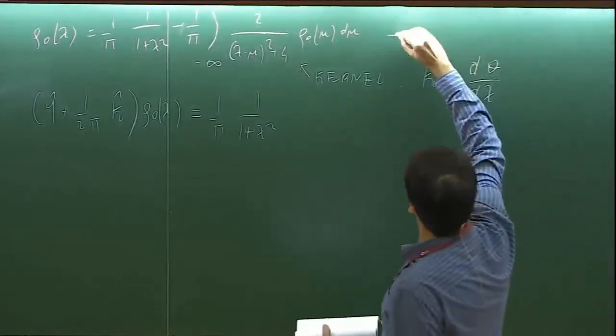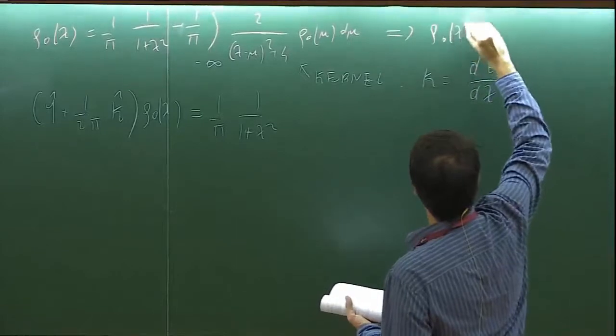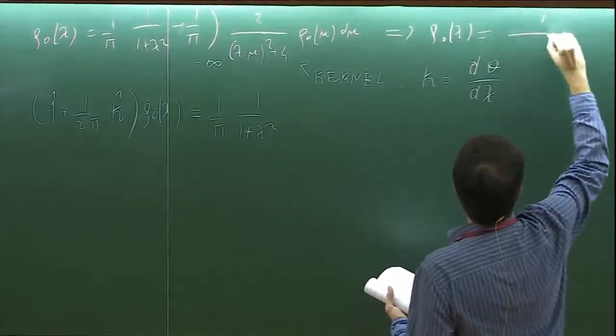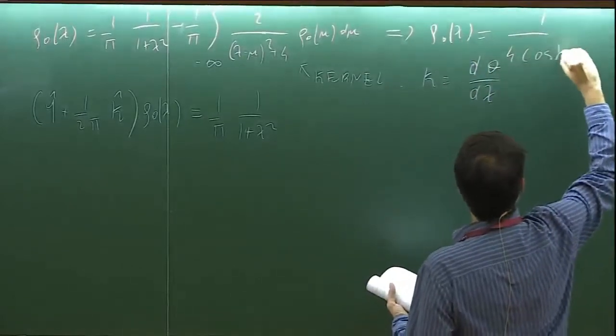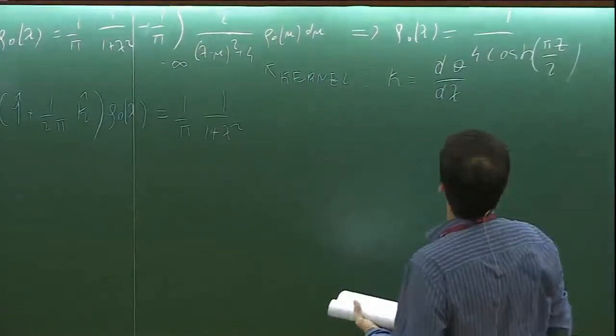And so by doing this, you can find out that this distribution has this exact form, cosh of pi lambda over 2.